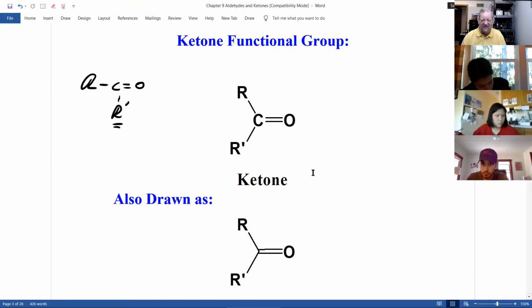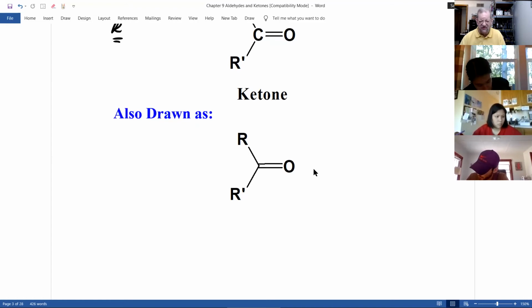Now, again, you can have where you don't show the carbon and just do a line like that. And those are the two main ways of writing a ketone. By the way, ketone is not spelled with a Y, even though I know students like to do that. By the way, on my tests, I don't take off for spelling errors like that.